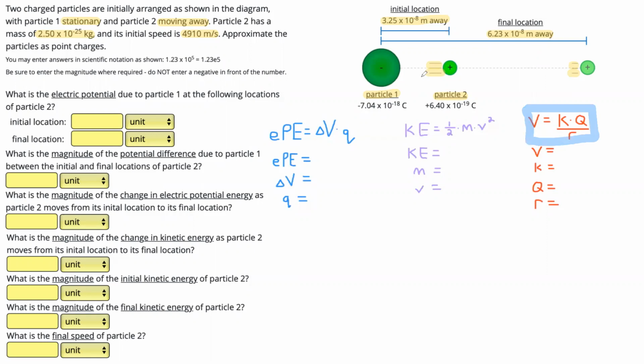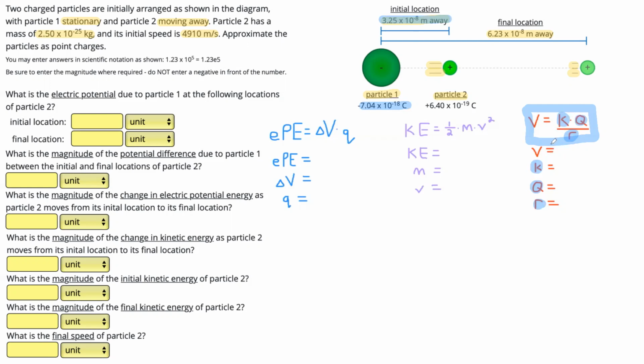to a particle at a given distance away. So for the initial location, you're going to be using the charge of particle 1. That's the uppercase Q. That's our main particle. That's our charge there. You're going to be using the distance away for the initial location as our R. And K is our constant, which is 9 times 10 to the power of 9.